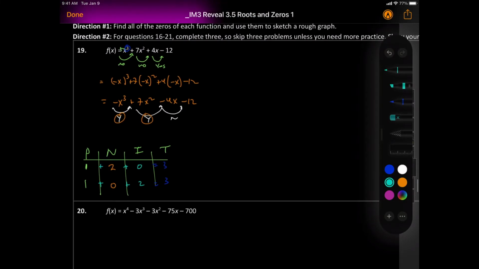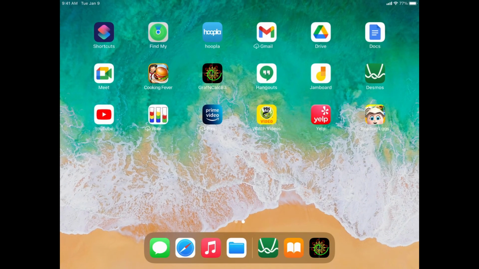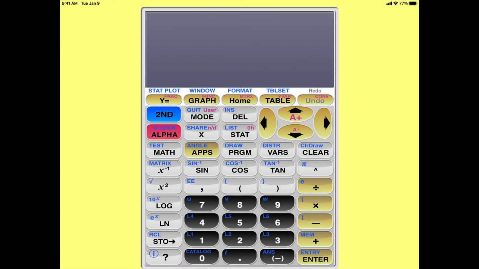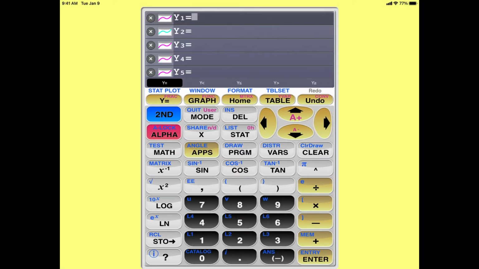Okay, so again, you can just guess. You can use the rational roots theorem, which I haven't taught you guys, or we can just punch into the calculator to get us a little hint. X to the third. I'm going to make sure I'm typing the right one. Go back to graph and calc. Y equals clear.